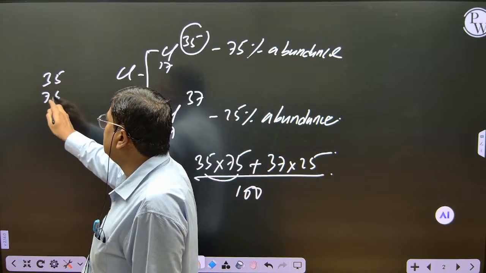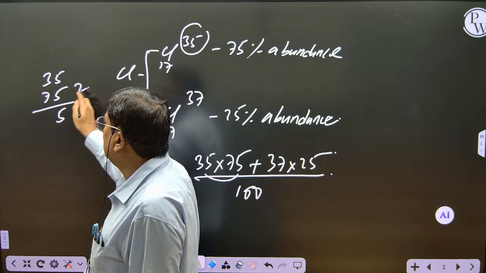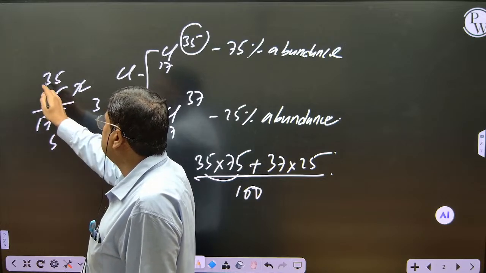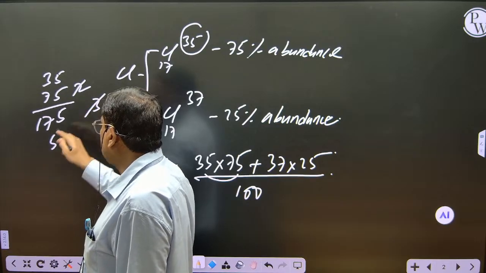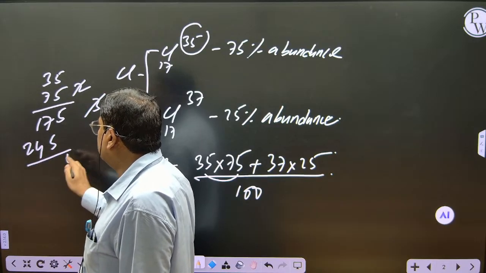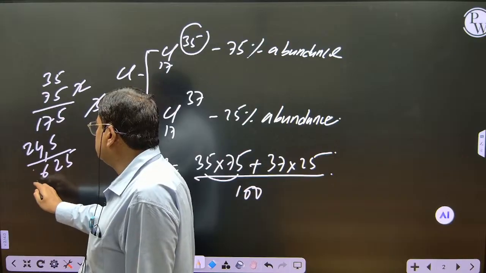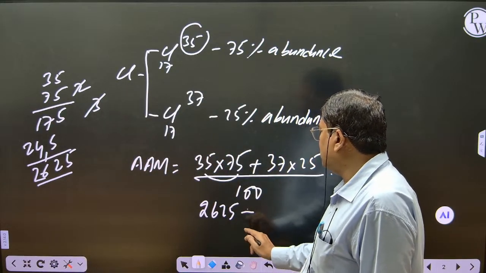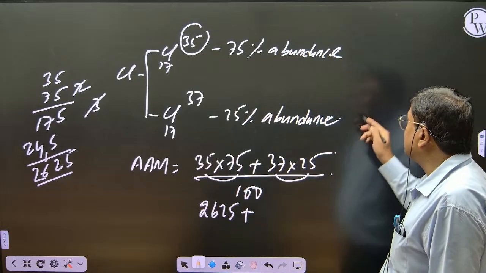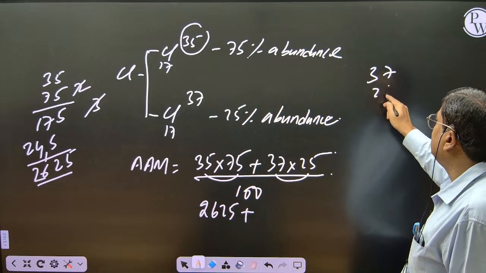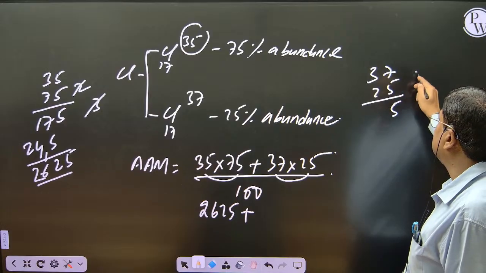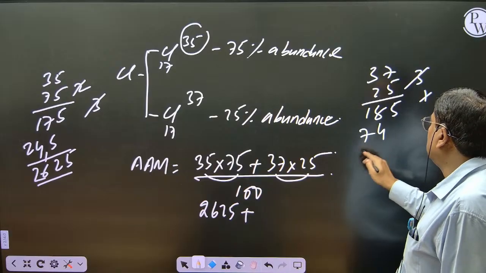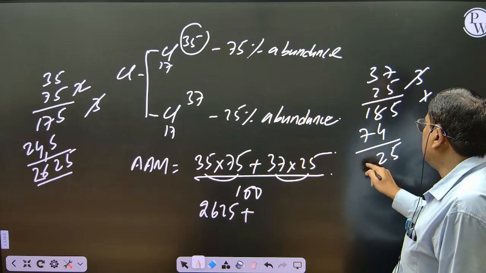When you simplify, 35 multiplied with 75 is 2625. Plus the multiplication of 37 with 25, which is 925.